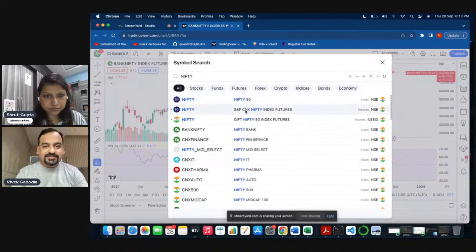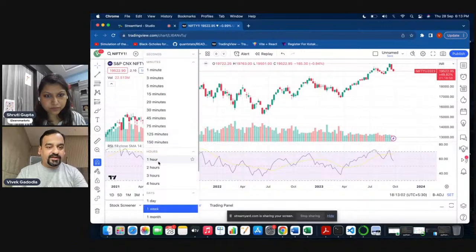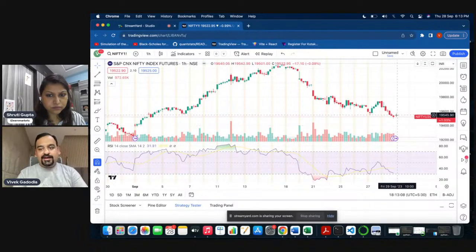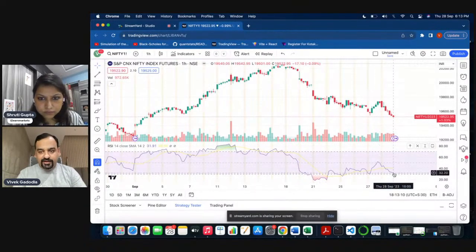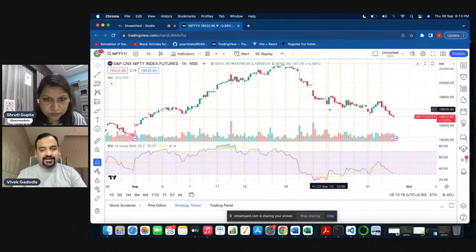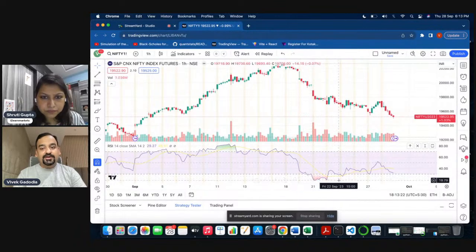Coming to the system, what we use is, if you take Nifty, we go to hourly. Look at hourly, RSI is obviously quite weak, 32 something, and you can see some of these bigger falls that have happened typically come when RSI is below 30.